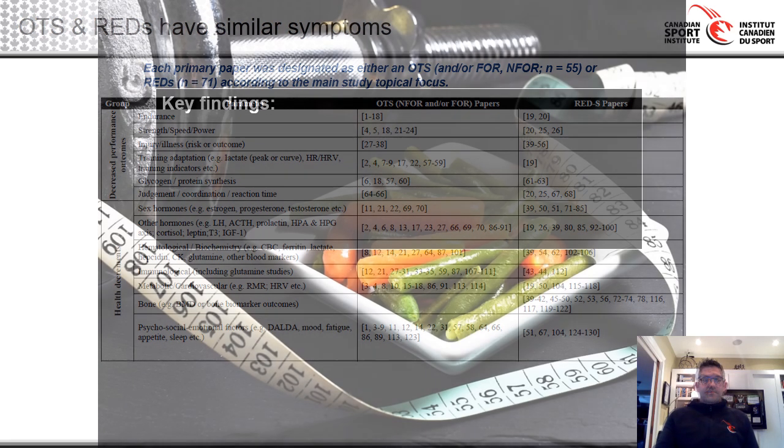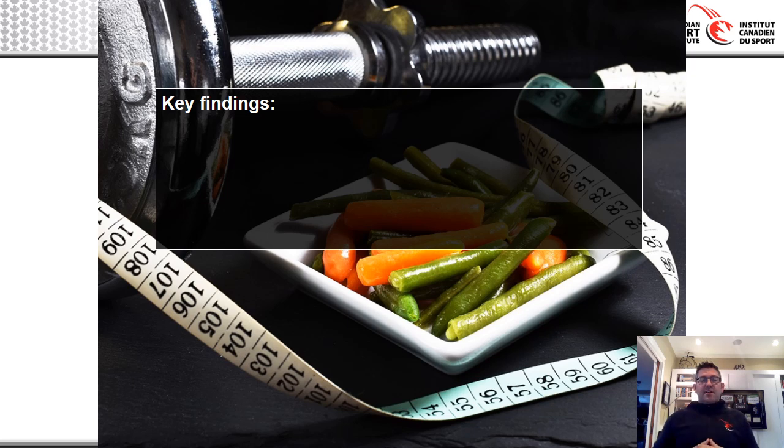Also within this, we did a large analysis, so we found every single overtraining paper ever published that also tried to assess and measure energy intake or energy availability. We then did a bunch of calculations to look at whether or not, through the study design of overload of training, which is how overtraining studies are done, that will sometimes double training loads and look at outcomes, whether or not that was compensated with the same amount of dietary increase.